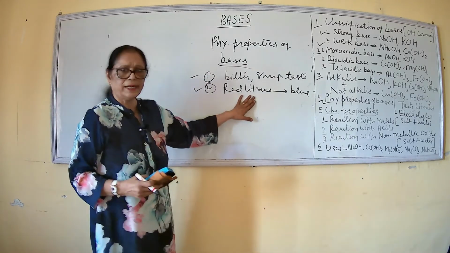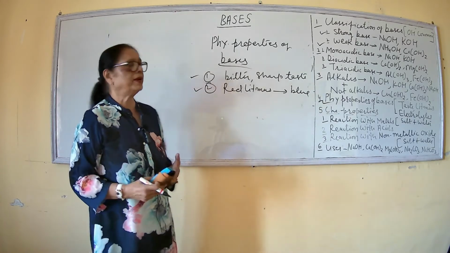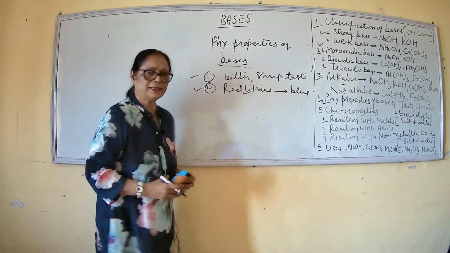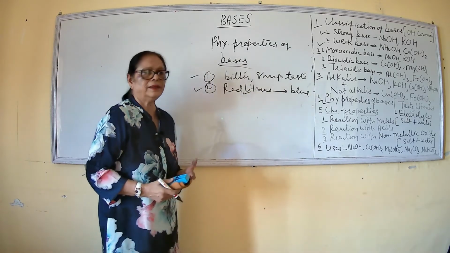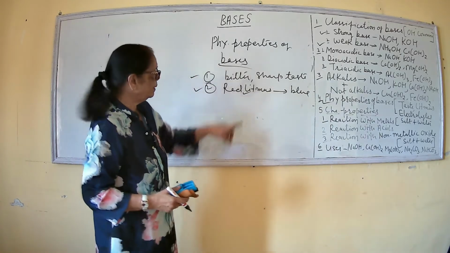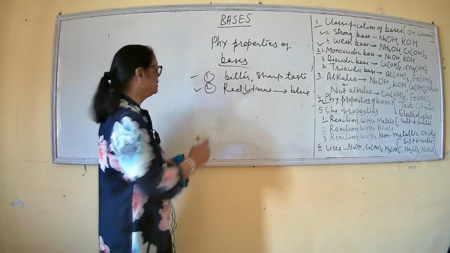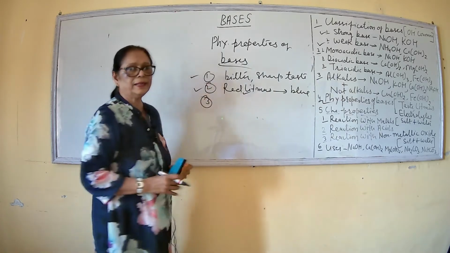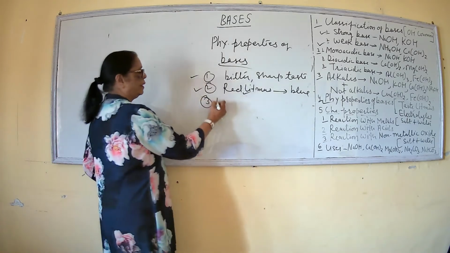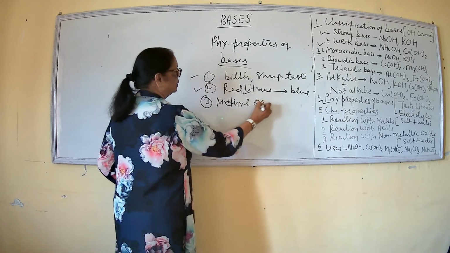So apart from this red litmus, we have some other tests to identify the bases also. This litmus is called a natural indicator. In the first vlog I told you about indicators. So litmus, blue litmus, red litmus is a natural indicator. We have some synthetic or artificially made indicators also. Like we have methyl orange.